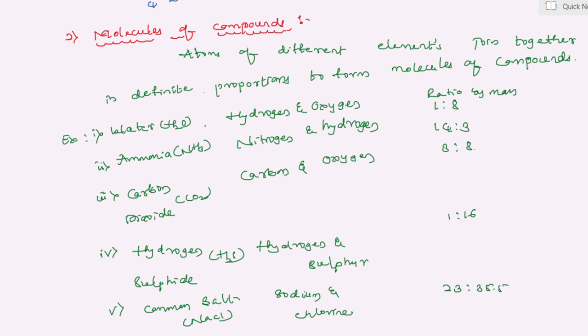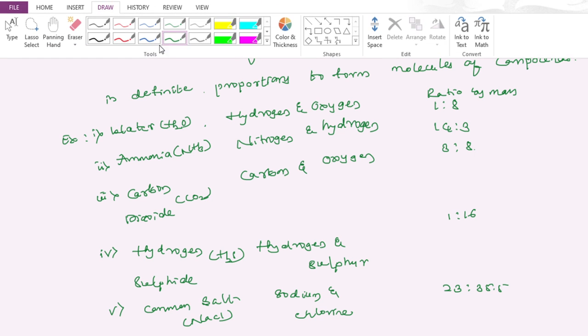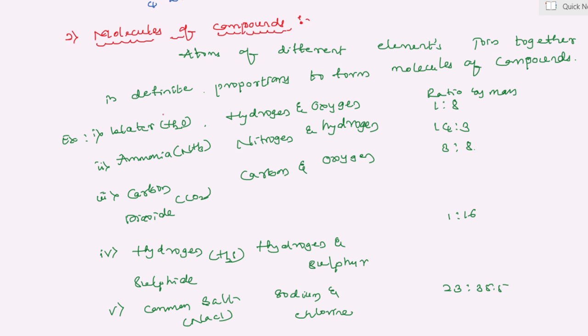elements join in definite proportion to form a molecule of a compound. As an example, H2O: water has hydrogen and oxygen, and the ratio by mass is 1:8. Ammonia is made up of two elements, N and H, nitrogen as well as hydrogen, ratio by mass is 14:3.